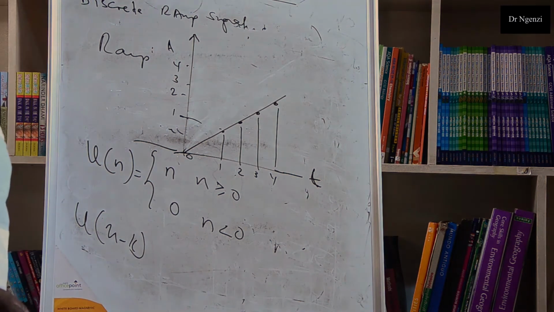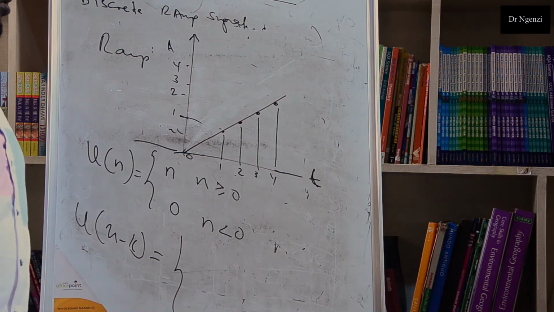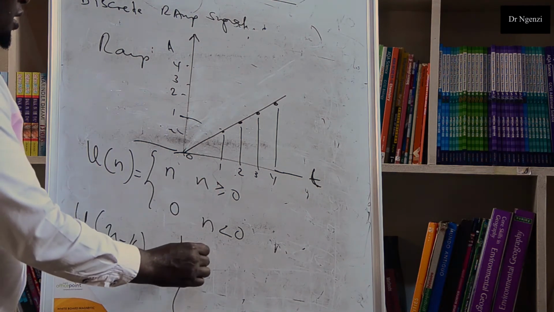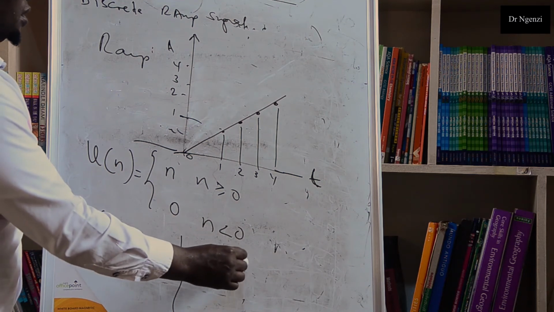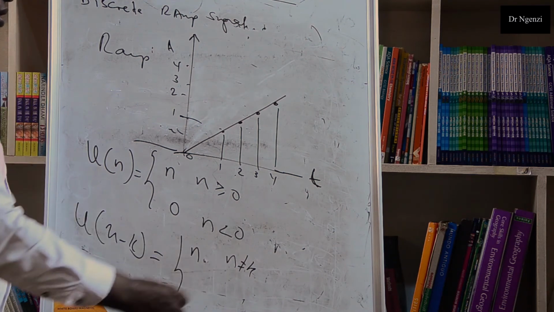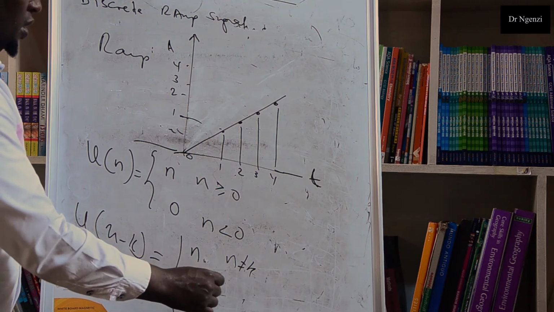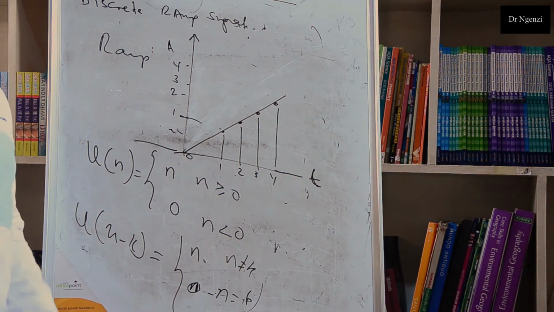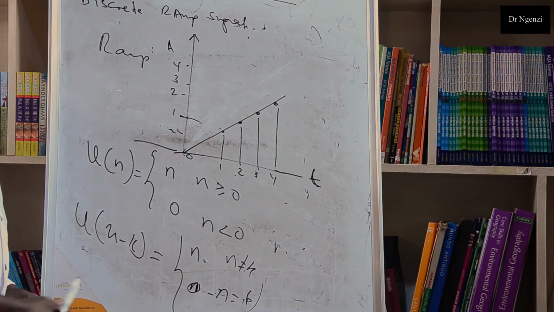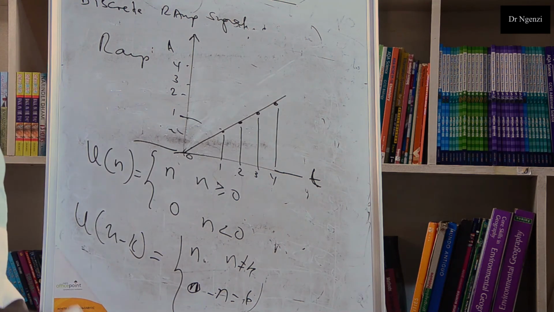In that case, it will shift into a given value when n is different to k, and some value when n is equal to k. The same way as you have seen. And that one can shift. So this value can shift to the other side.